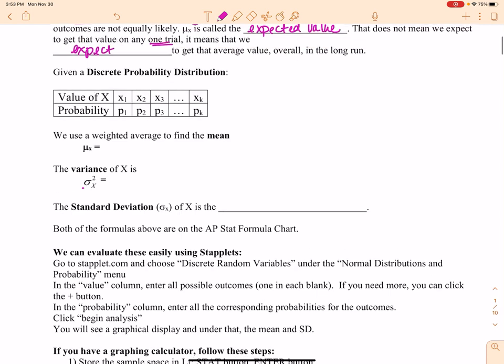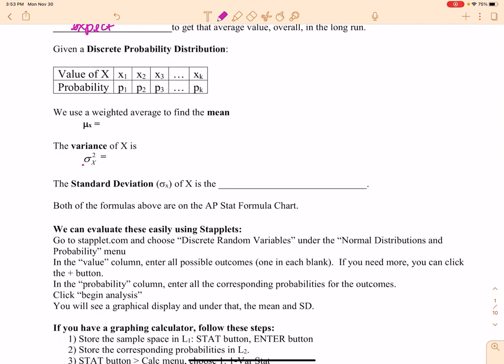What if we have this discrete probability distribution right here, written in general terms of x and probabilities p sub 1, 2, and so on? When we use a weighted average to find the mean, the equation looks like this, and it is on your formula chart. It looks a little scary, but essentially all it means is that we are summing all of the x values times their probabilities.